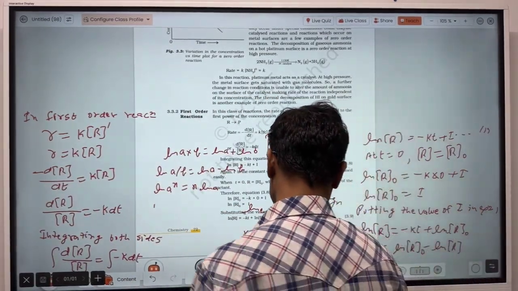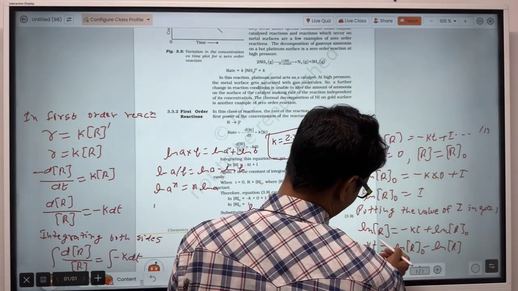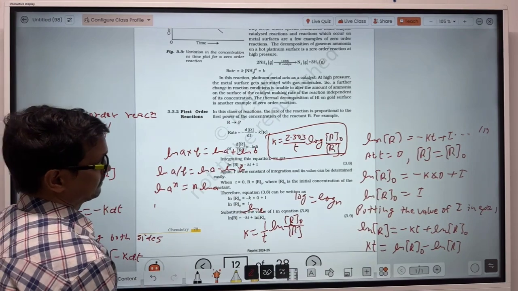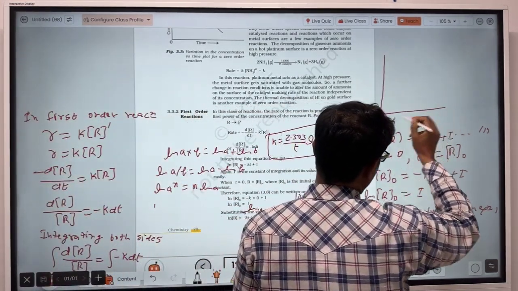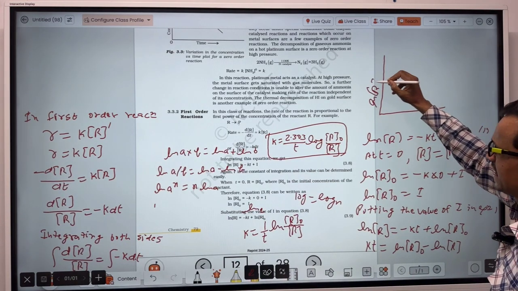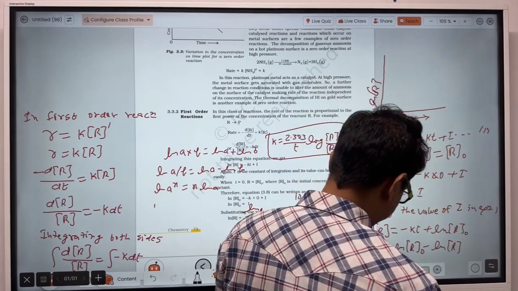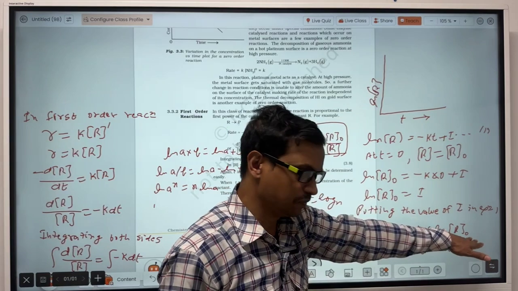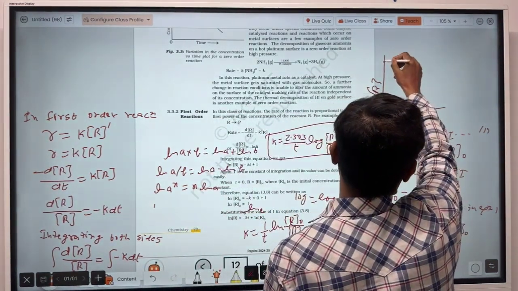Now we can also plot this graph. Our final expression here is ln R equals minus kt plus ln R naught. When we plot the graph of ln R versus time period, there will be minus kt, so there will be a decreasing graph, and the maximum value will be ln R naught.